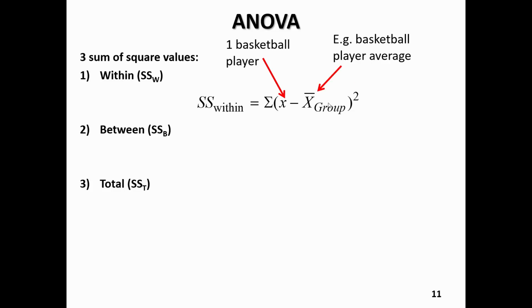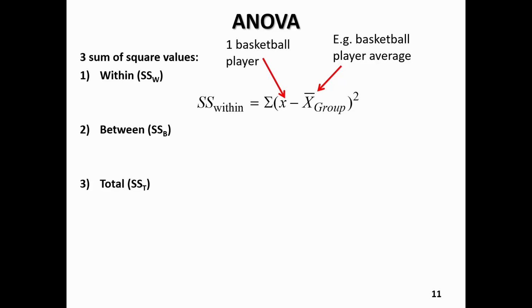The X bar group is the average for that particular group. And so this calculation would be carried out for all of the participants in the study. So the deviations from the basketball group would amount to 7 unique deviation calculations.